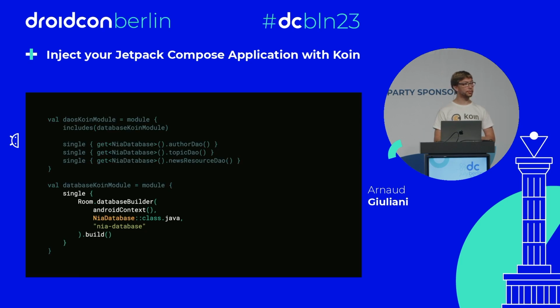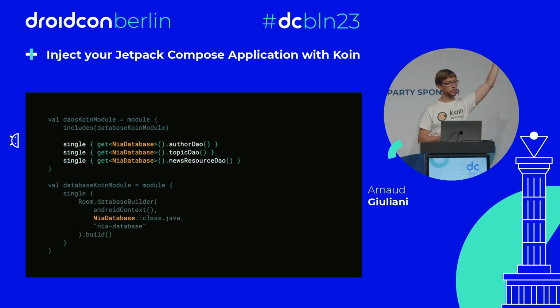And what we need first is to define a database instance. What we use here is the Room API builder to create an NIA database instance. And this NIA database instance is reused in the other modules to use the Room database to create DAOs.